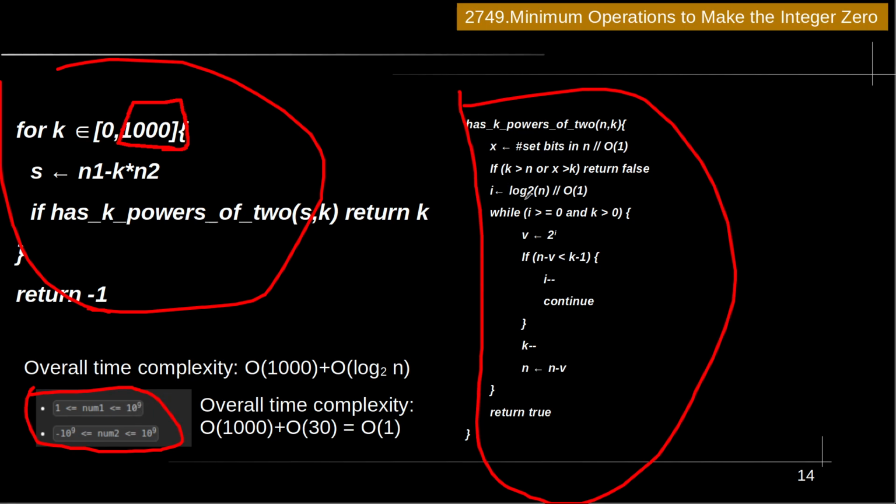So we can compute directly here: log base 2 of n is almost 30. So we can say that the overall time complexity is O(1000) plus O(30) per test. You can do it with this.